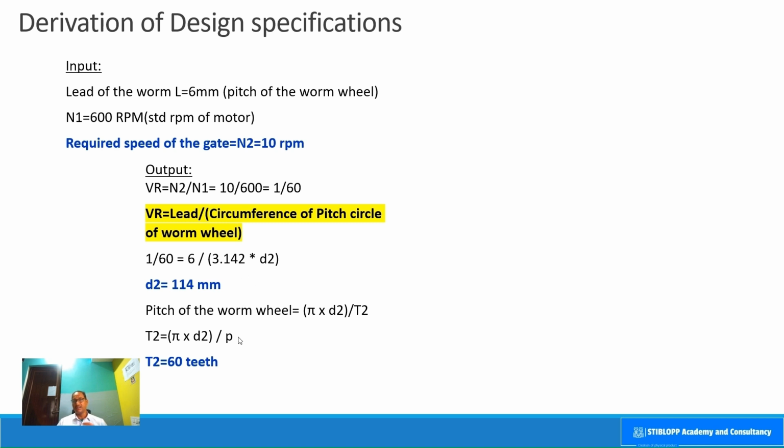Next, the teeth that have to be cut on the worm wheel. We know that the pitch of the worm wheel is equal to the pitch circle circumference of the worm wheel divided by the number of teeth. Okay. So from this particular formula, we arrive that the teeth that have to be cut are 60 in number. Okay.